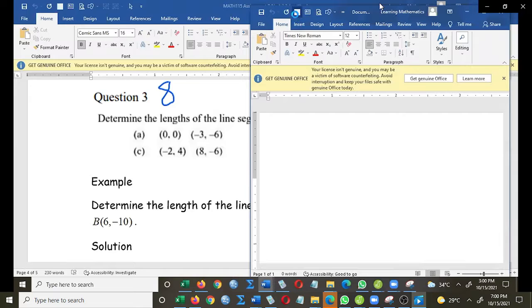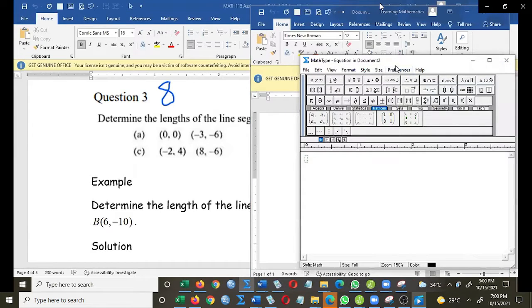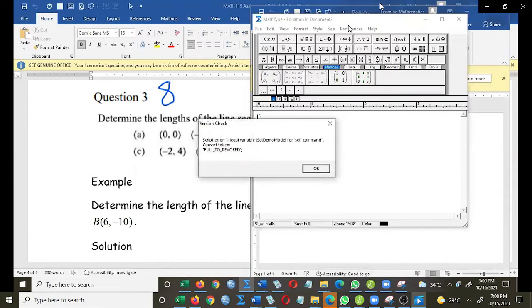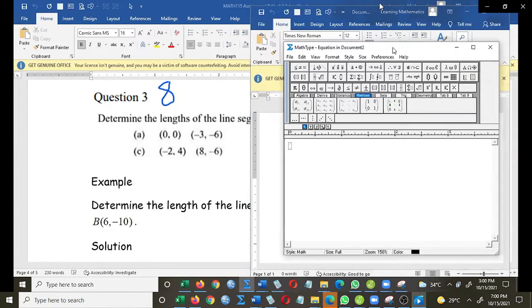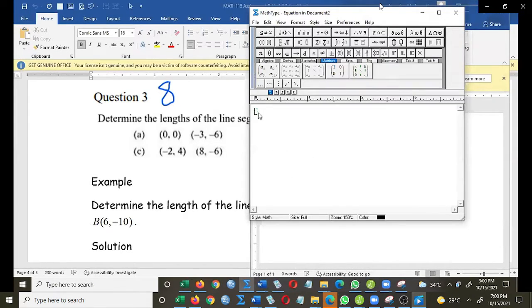Okay, I'll use the math type. Share with us what you did. Tell me what to write there. Okay. So I have the square root.